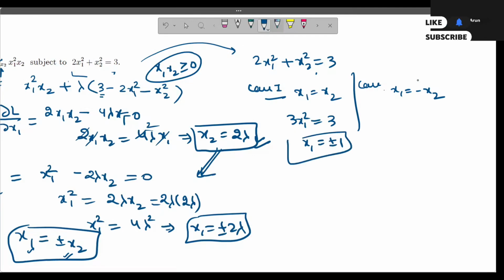That means x2 is also plus or minus 1. So 1, 1 and minus 1 are my values, and I need to find out the function for these values, right?